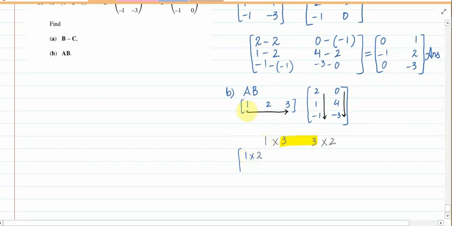When we are moving from 1 to 2, we use a positive sign. 2 multiplies with 1, and then finally 3 multiplies with negative 1. Now the same row will be multiplied with the next column. So 1 on the tail side multiplies with 0 plus 2 times 4 plus 3 times minus 3.